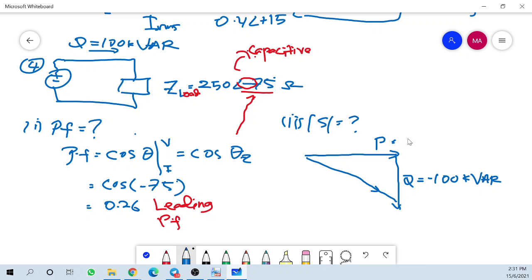P is not given, and the question asks us to determine the apparent power. The angle equals 75; the minus means Q is negative.